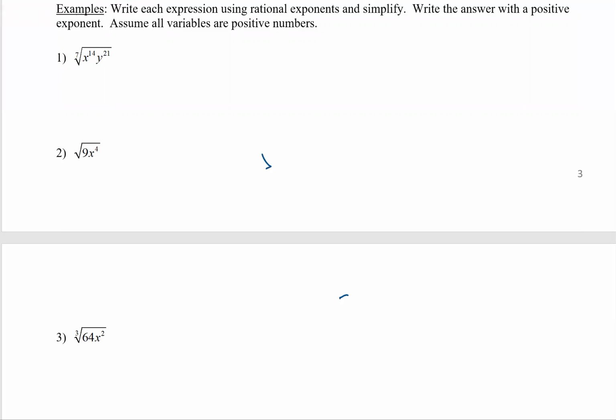So if we rewrite this, this would be x to the 14th, y to the 21st, all of this to the 1/7 power, and a power to a power we multiply. So we're going to take 14 times 1/7 and 21 times 1/7.